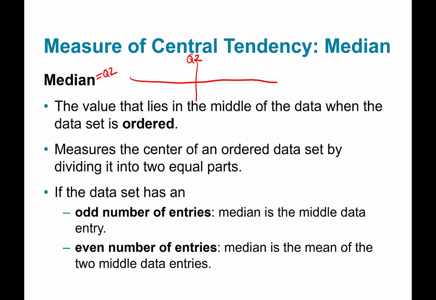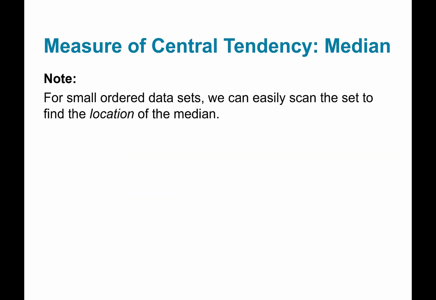This is because there is no one middle value, so really what we're doing is finding the midpoint of the 2 middle values to find the exact middle of our data set. In an even number of entries, your median may or may not be a data value. If you have an odd number of entries, your median will always be one of your data values.